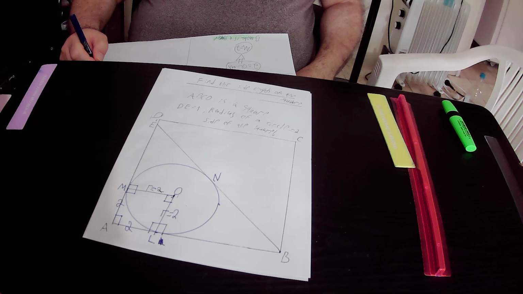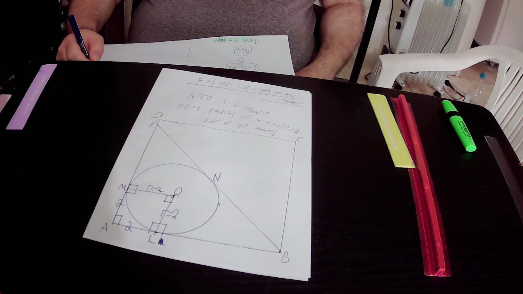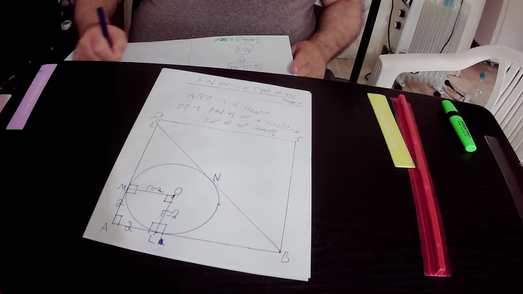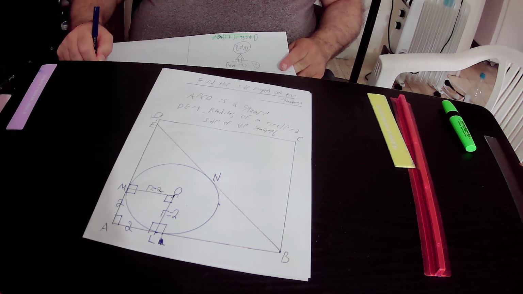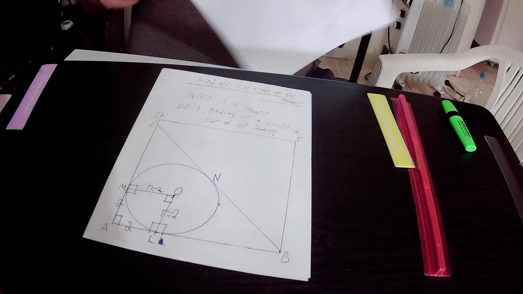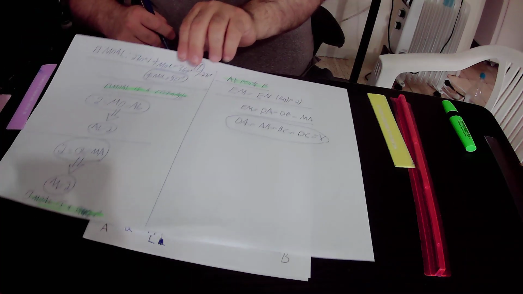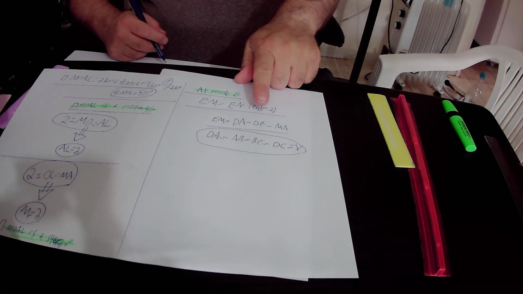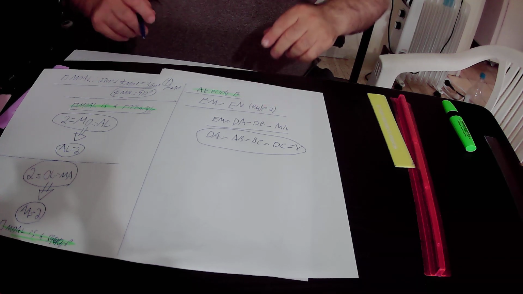All the sides of the square ABCD are equal to x according to our definition.